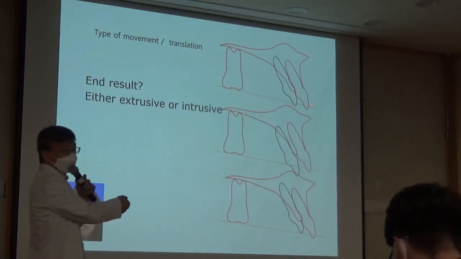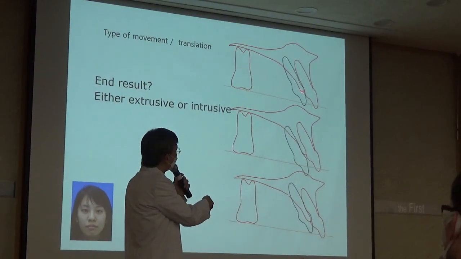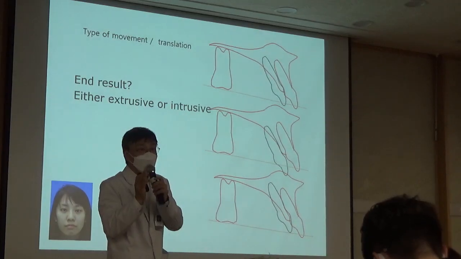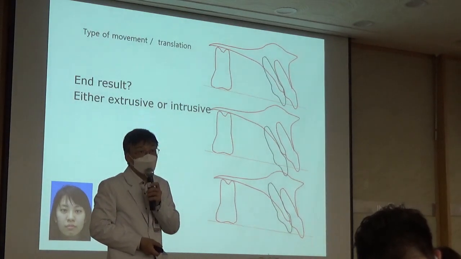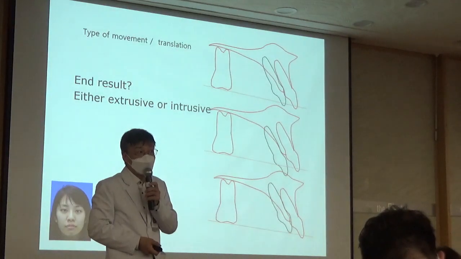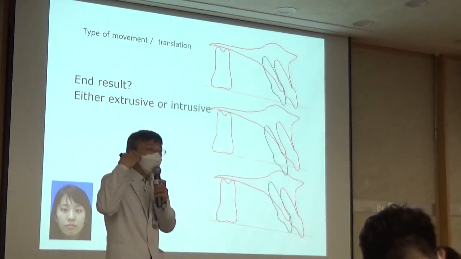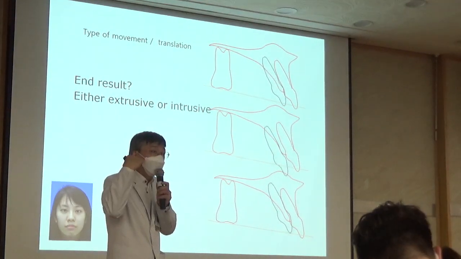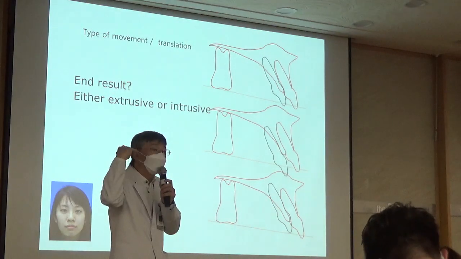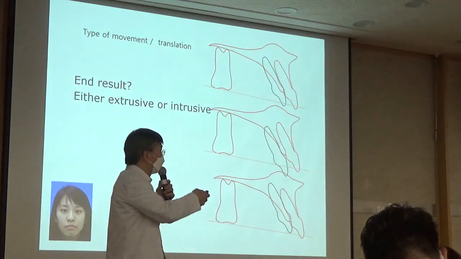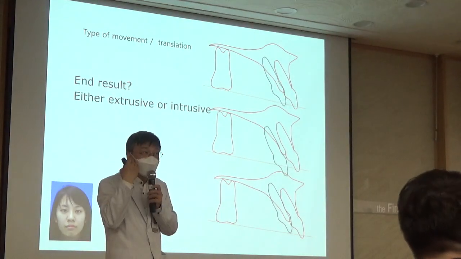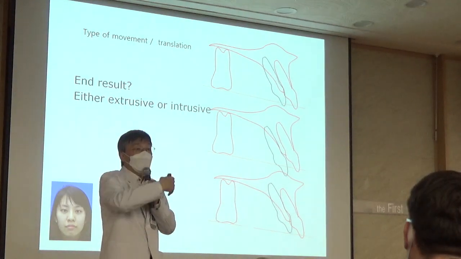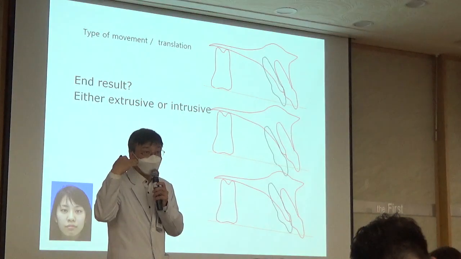If this is the case, from a scientific point of view, we will call this translation along the occlusal plane. But just because the occlusal plane has an inclination relative to the true horizontal line, if the teeth move this way, from the whole face perspective, it's an intrusion.